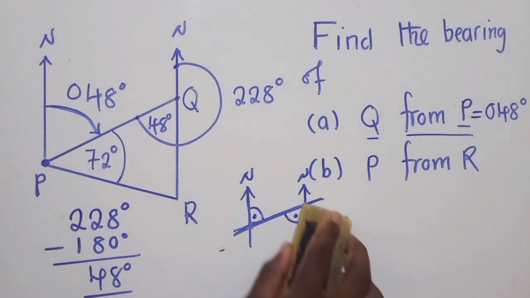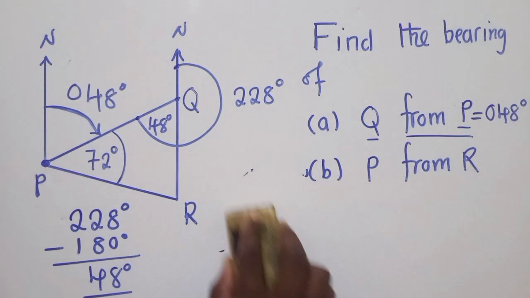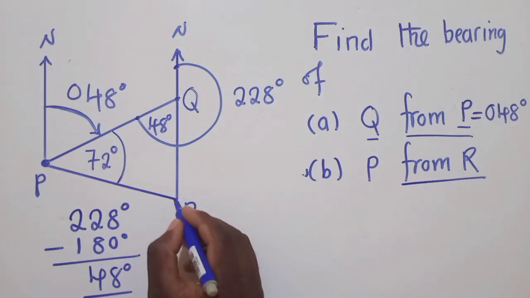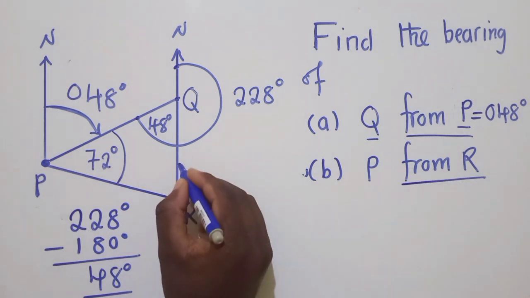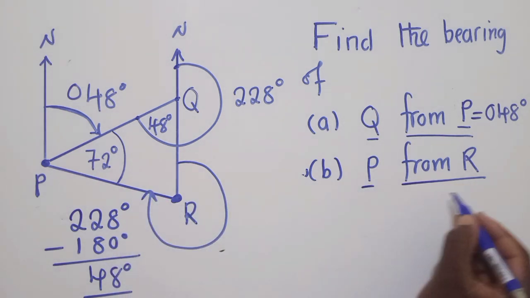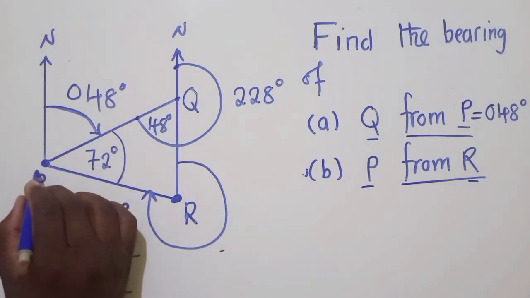So for question B, we just go to where they've said from R. This is point R here. We do the same. We start moving up until we touch the line that is joining P and R. You can see P is here.